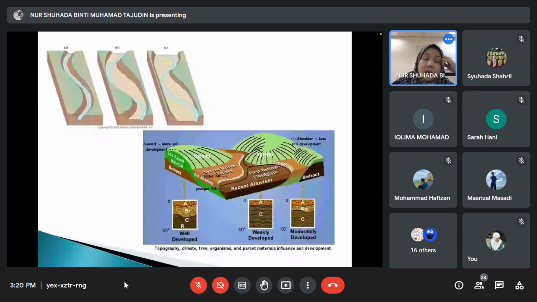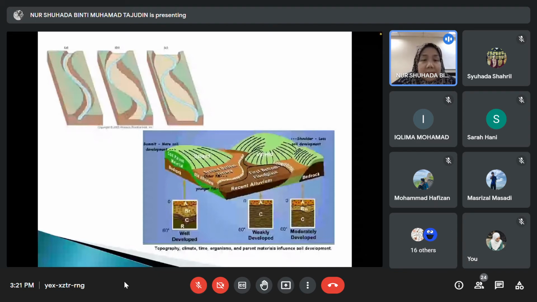Daripada widening of the river, dia jadi menyempitkan river dan mencetekkan river. That is because of accelerated anthropogenic activities, meaning that contohnya atas bukit, you remove all the trees, so the deposition of the soil is in the river, so it will cause the river to be cetek.